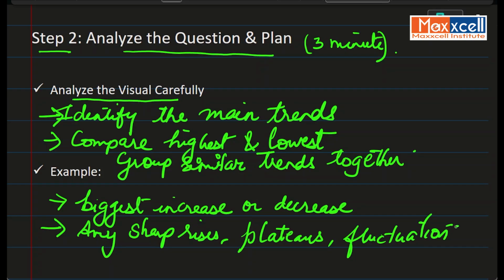So what you need to keep in mind is any ups and downs that are happening, so any increase or any decrease which is there, you need to pay attention to that. At the same time, you also have to pay attention to any sharp rises, plateaus, which is the constant, and then you have to see any fluctuations which are happening, and the starting and end figures.